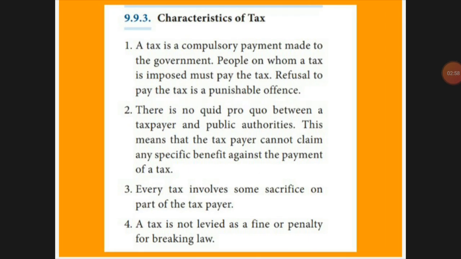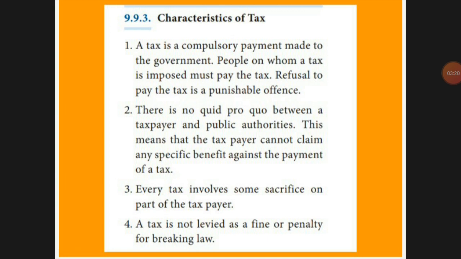There should be some characteristics for this tax. The first one is that tax is a compulsory payment made to the government. If they are not paying, it is a punishable offense.